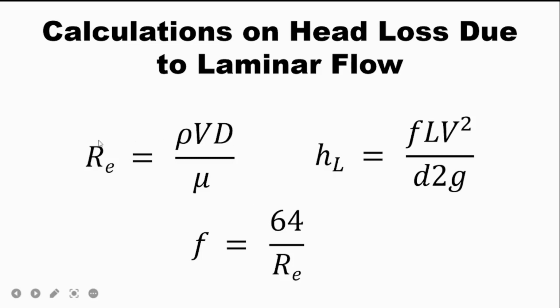This is the Reynolds number, and right here is the head loss, which is the Darcy-Weisbach equation. And what you see here is the friction factor for laminar flow. We use this formula for laminar flow when dealing with circular pipes.